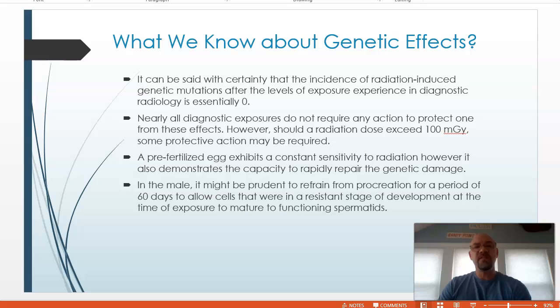Now, studies that have involved pre-fertilized eggs in female animals have shown that, yes, there is some sensitivity to radiation in the environment. However, if there is any type of aberration, it does show the ability to repair itself, and repair itself quickly, which is a good thing.